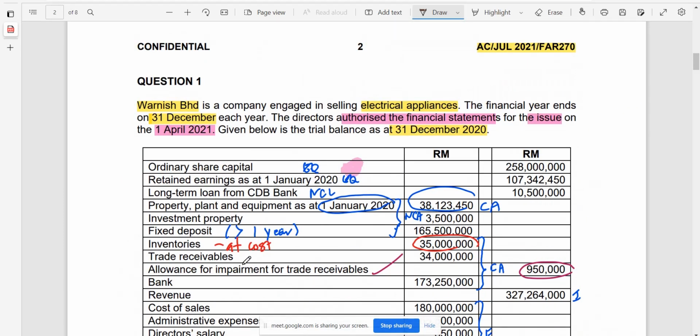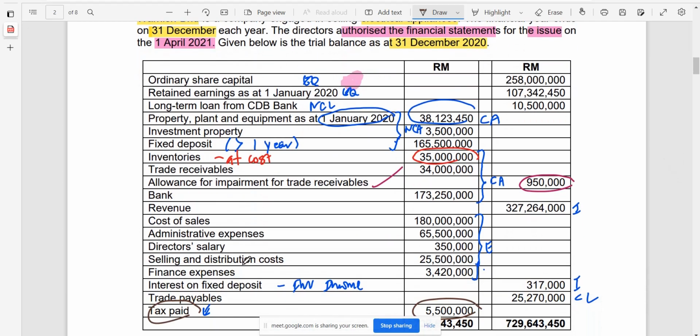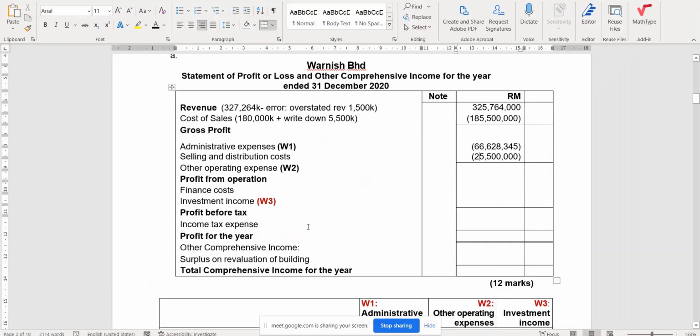Okay. So here I'm starting off with the expenses. I've taken the revenue. I've taken the cost of sale. Now I'm taking the admin expenses. I will add my director salaries, and I'm telling you that the selling does not change. The expenses is still the same, right? So let's look at the item back. Okay.